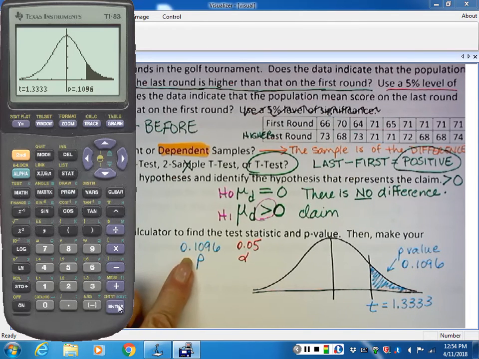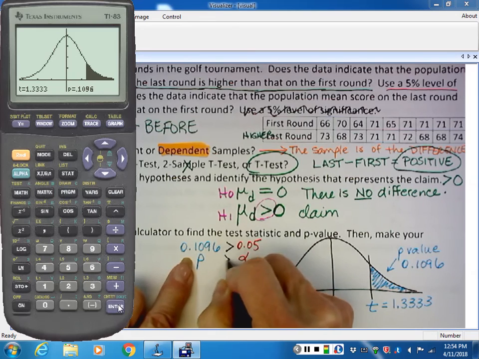Is p less than alpha? P is greater than alpha.